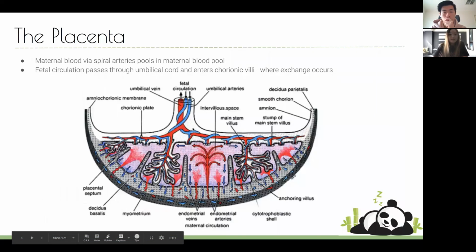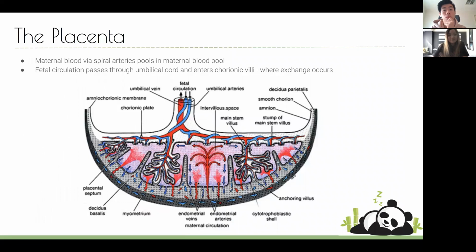This is the placenta. I looked at this at first and I was like, what the heck, last year, but it's actually a bit more simple than you might expect. Essentially you have, this is the mom side and this is the fetal side. So the fetus extends an artery and 2 veins into these things called chorionic villi, like this.